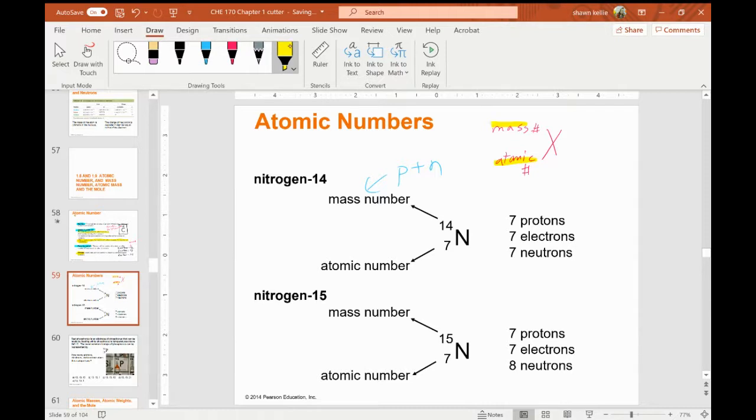For example, nitrogen-14 has a mass number of 14 and an atomic number of 7. So I've got my protons plus neutrons up at the top, my protons down at the bottom here. So to get my number of neutrons, I subtract.